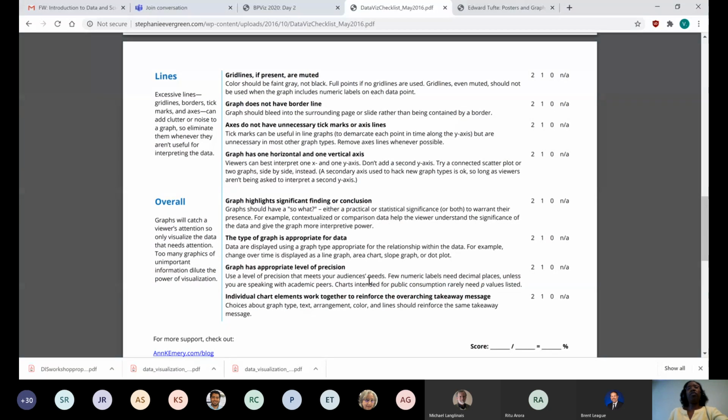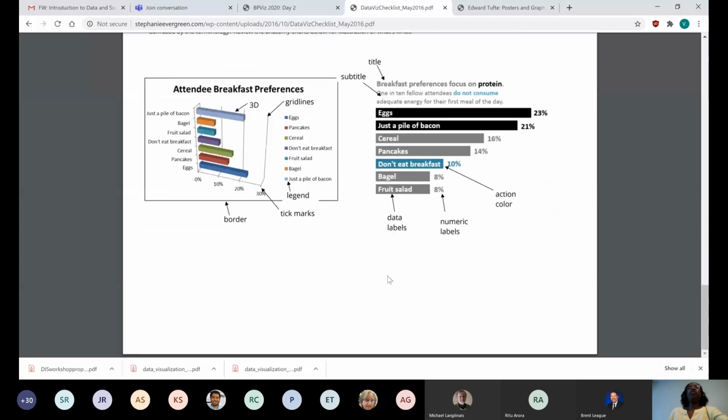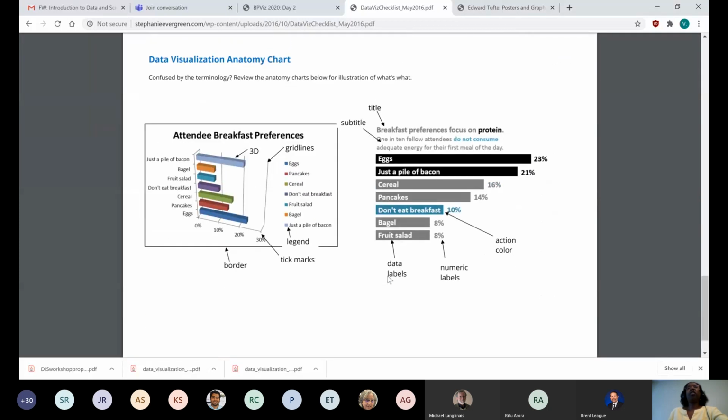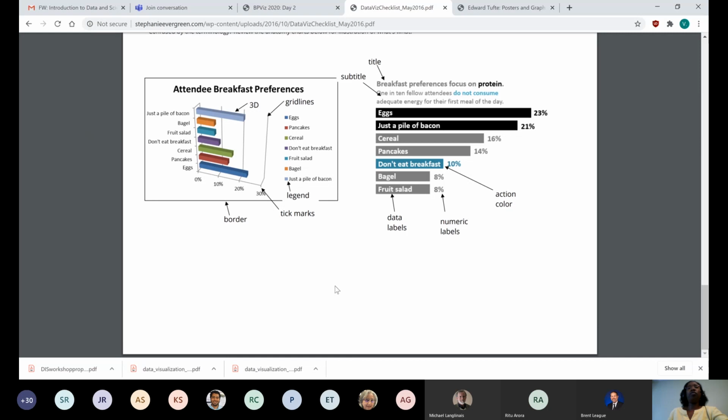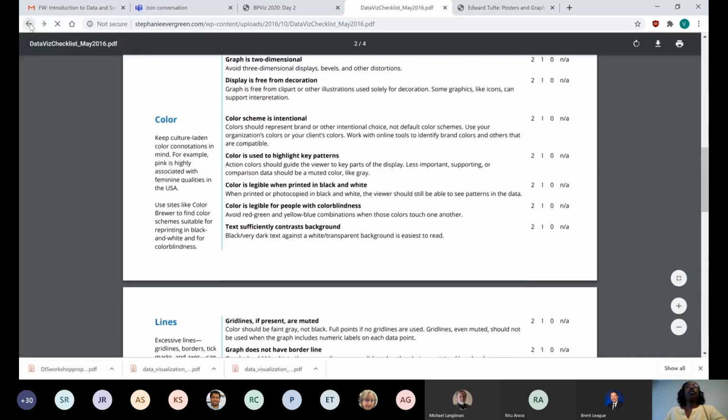Being aware of those sometimes helps. At the bottom, they give you what they call the data visualization anatomy chart. These are just some good examples to be aware of as you are creating different visualizations. I'm going to go back here.